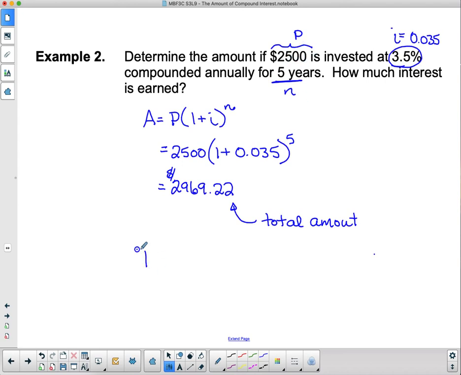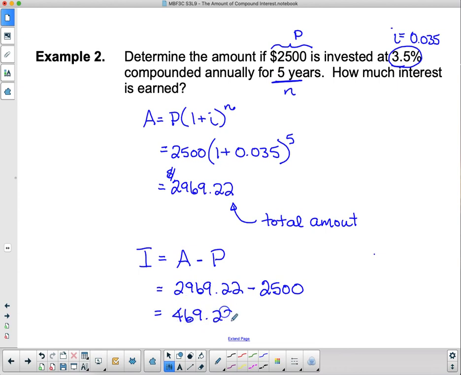So the formula for finding interest, once you've found the amount, is going to be the final amount subtract the principal. So 2969.22 subtract 2,500 is going to be $469.22. And that's really all there is to it.